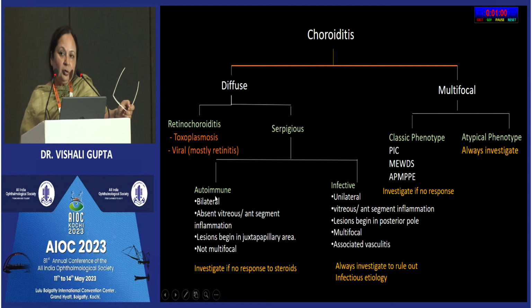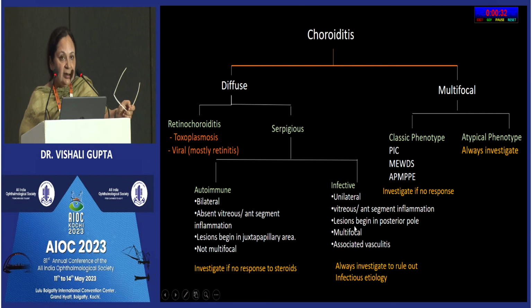That could be autoimmune. I showed you an example, which is bilateral, no inflammation in the eye, and the lesions are mostly in the juxtapapillary region and they are not multifocal. If it is serpiginous-like, which is infective, mostly TB, it is unilateral, there would be associated vitreous or anterior segment inflammation, though not always.